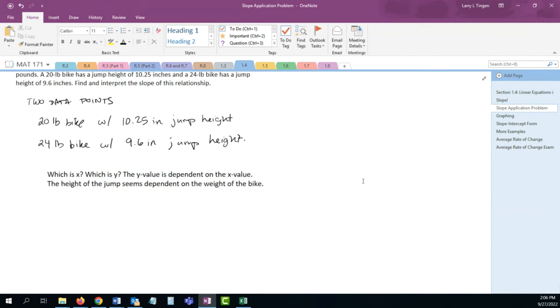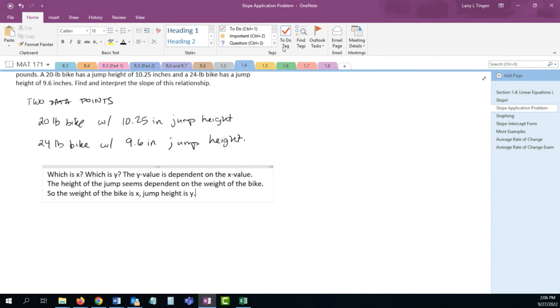So for us, that means the weight of the bike is going to be x, and the jump height is y.